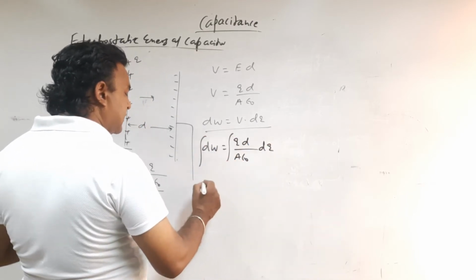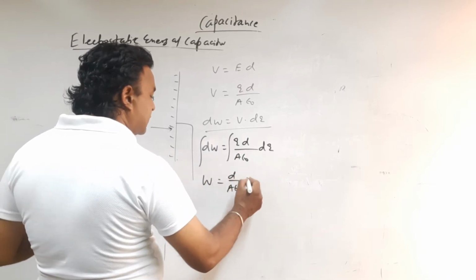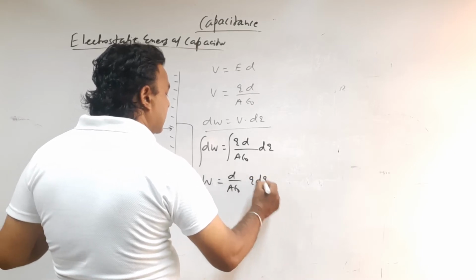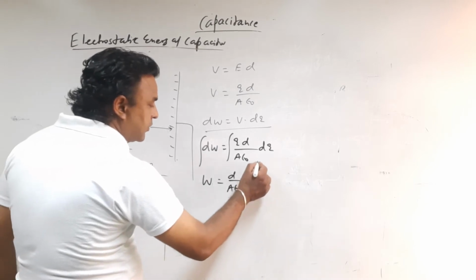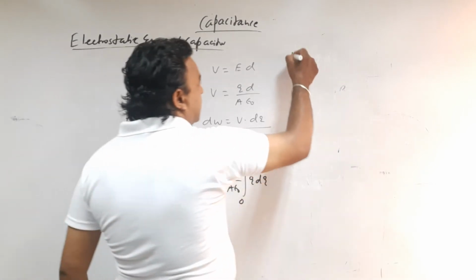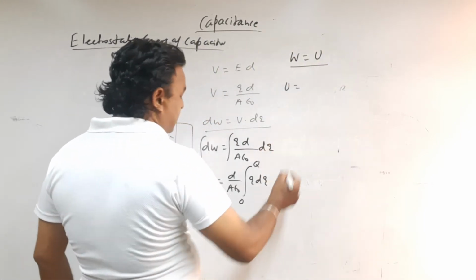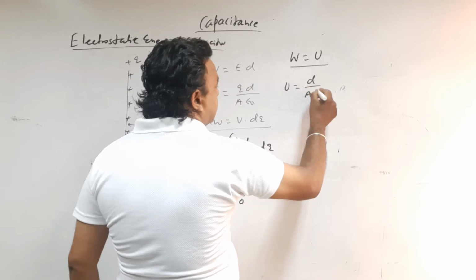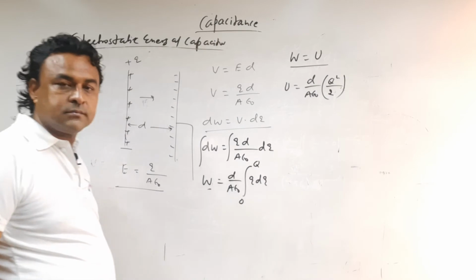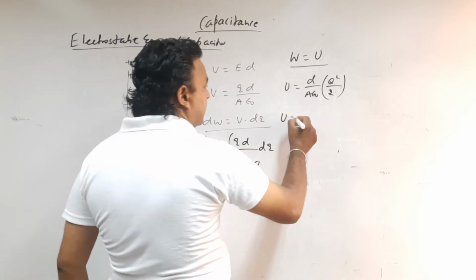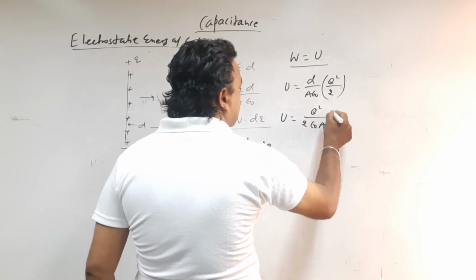I integrate it; d upon A epsilon naught is constant, and q dq is integrated from 0 to capital Q. This work is stored in the form of potential energy, and here I get U equals d upon A epsilon naught times Q square by 2, which is Q square by 2 epsilon naught A by d.